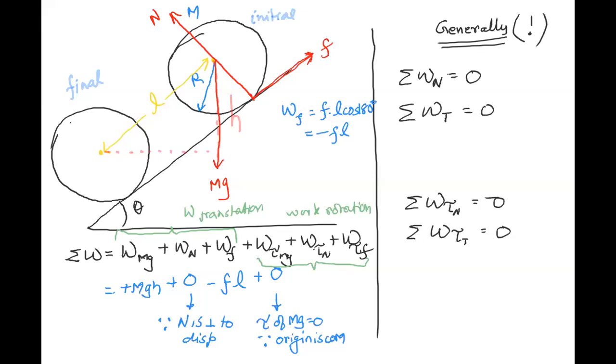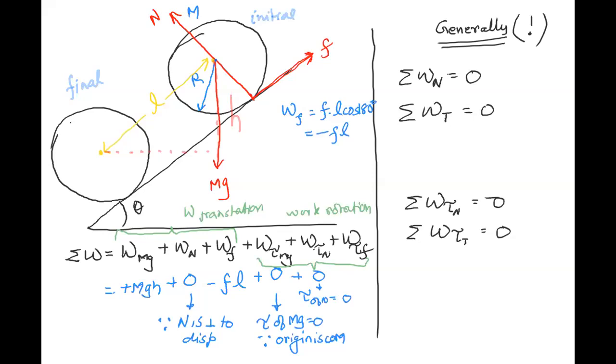The torque of normal reaction is also 0, because normal reaction passes through the chosen origin. So the work done due to the torque of normal reaction is 0. Okay.